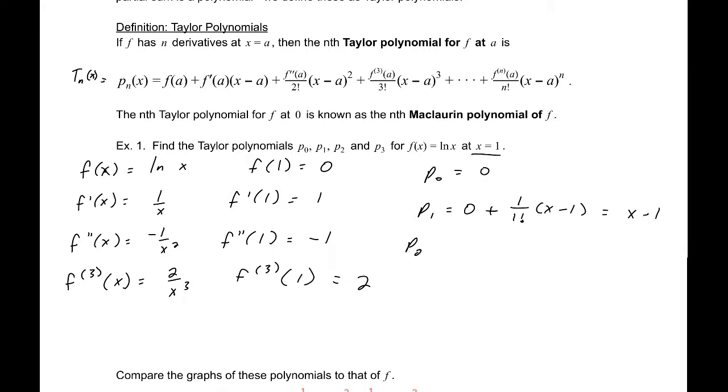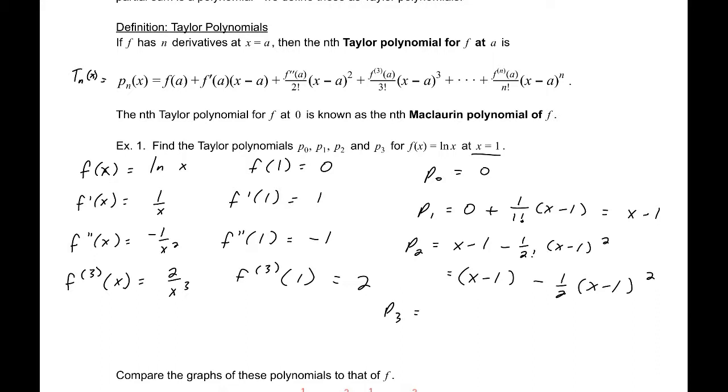So the second polynomial will take x minus 1, the last polynomial, plus, well in this case minus, because we have a minus 1 here, minus 1 over 2 factorial times x minus 1 squared, which I will write as x minus 1 minus 1/2 x minus 1 squared.